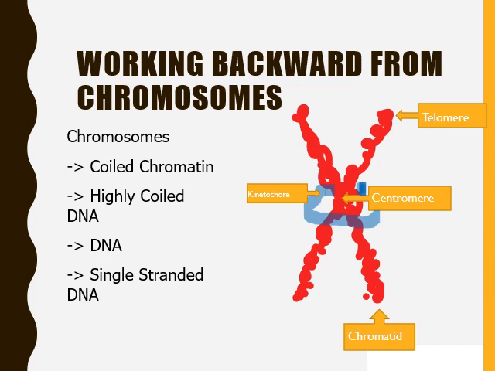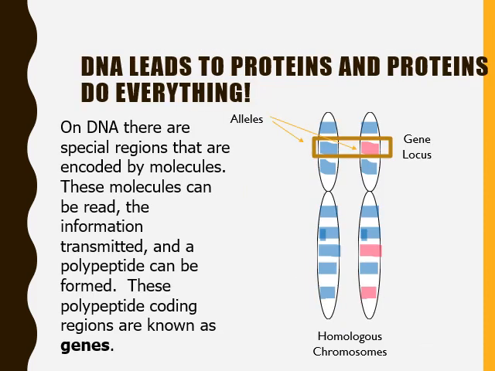It's located in the nucleus. This particular bit of information is then transcribed to make RNA. Think a little bit bigger picture. We have talked about genes in here, haven't we? Okay. A gene is a polypeptide encoding region of DNA.